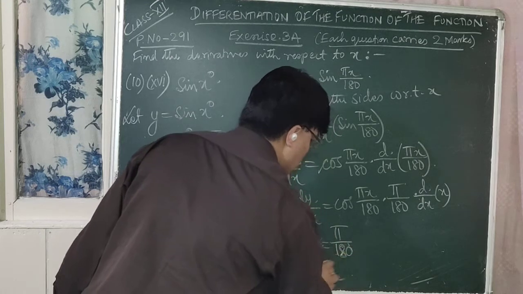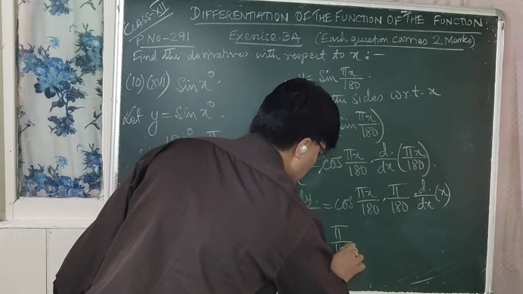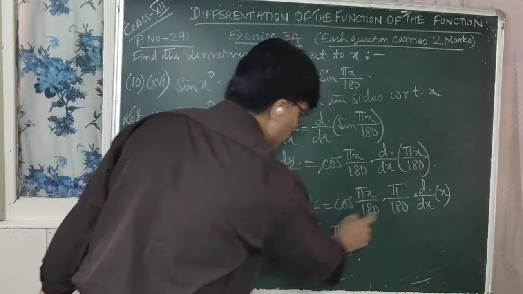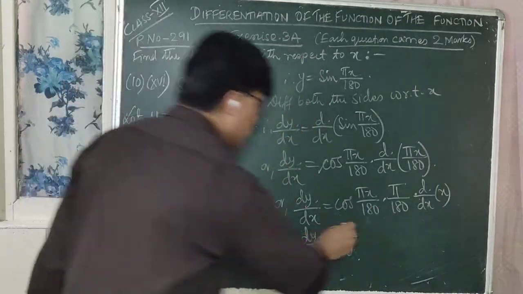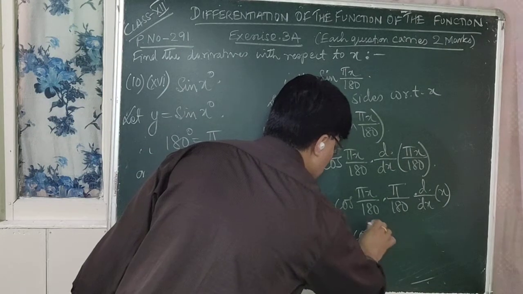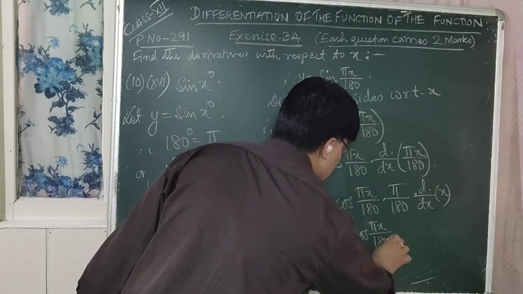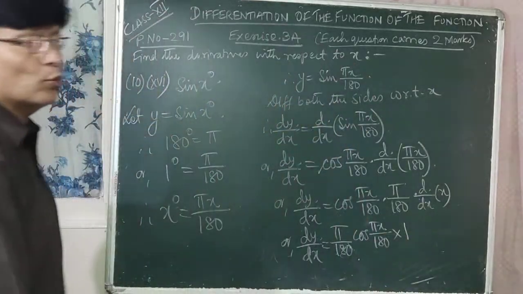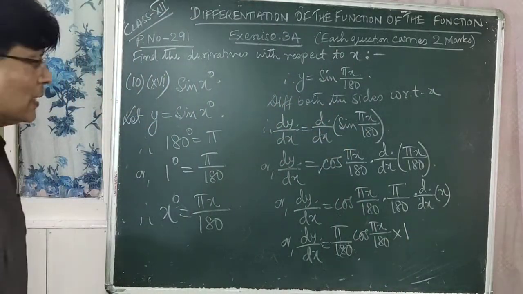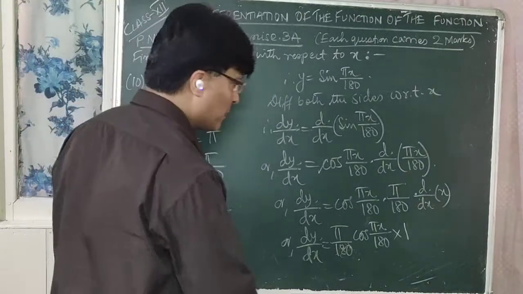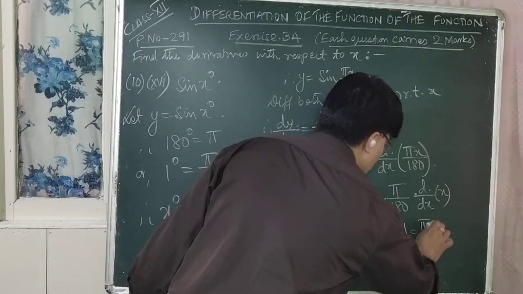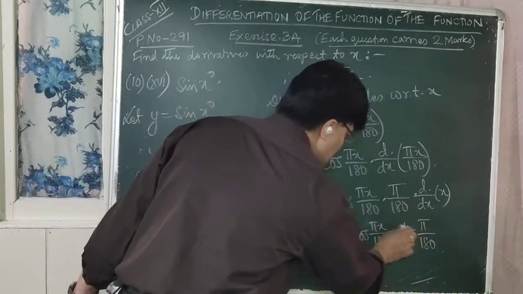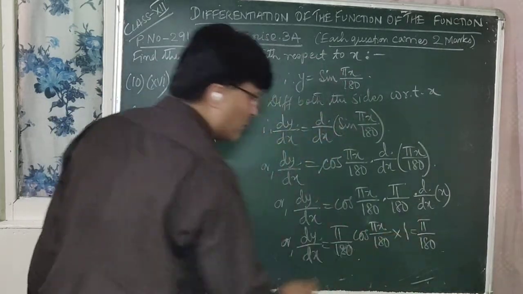So dy by dx is equal to, now write down this constant term first, that is pi by 180, then cos pi x by 180 into, what is d by dx of x? It is always 1. Okay, now what is the final answer? Pi by 180 into 1 is always pi by 180.